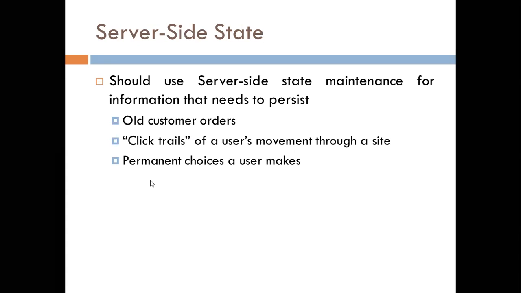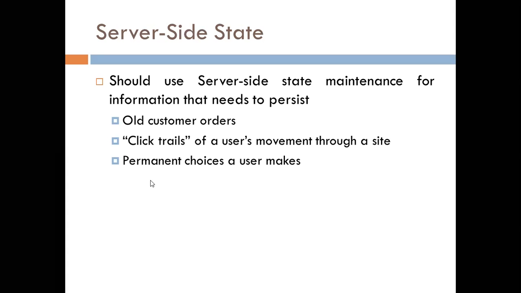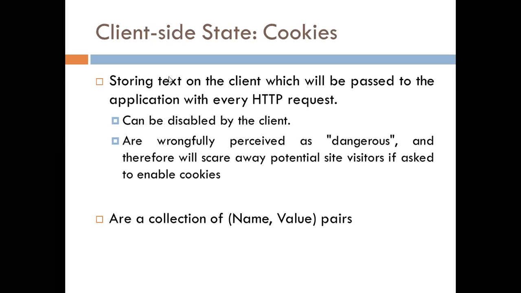Literally whatever you do on a browser web page, all those things can be stored on a server. When you click a mouse, that can also be stored. So this is about server side storage. For client side storage, we will be using cookies.